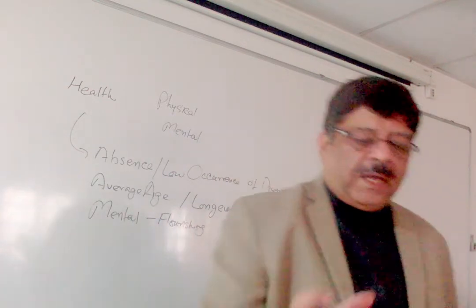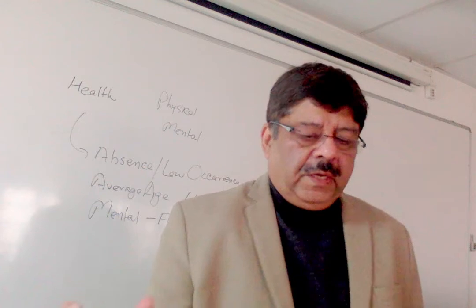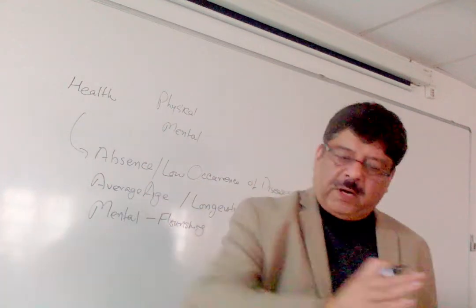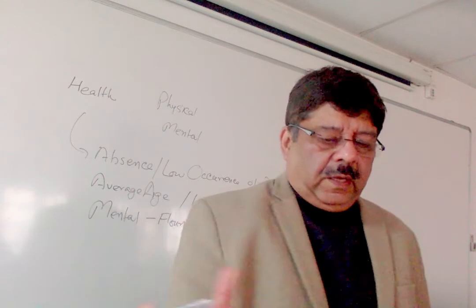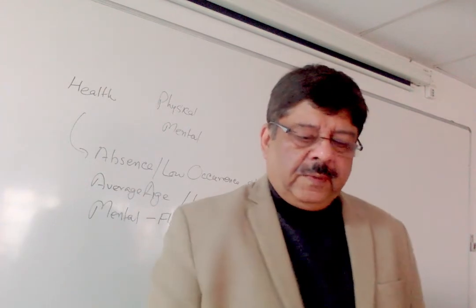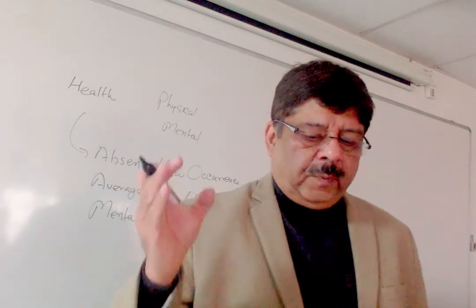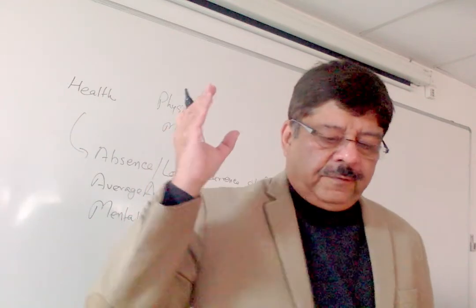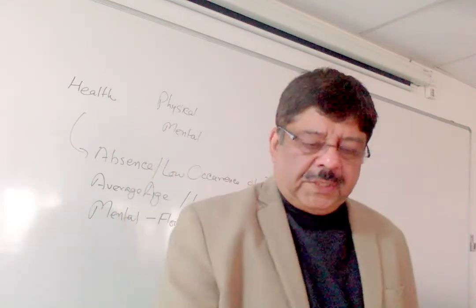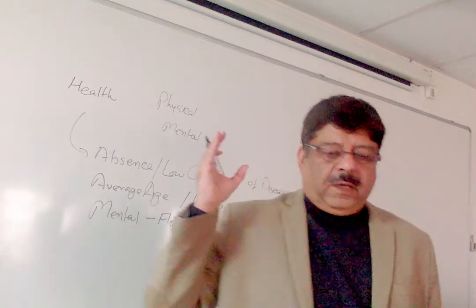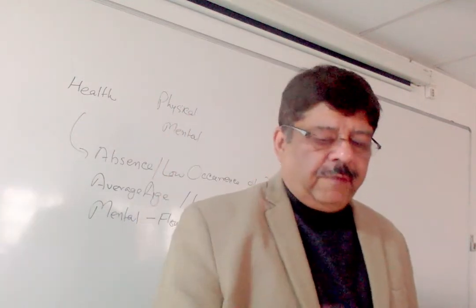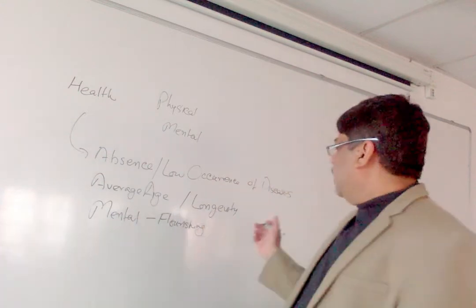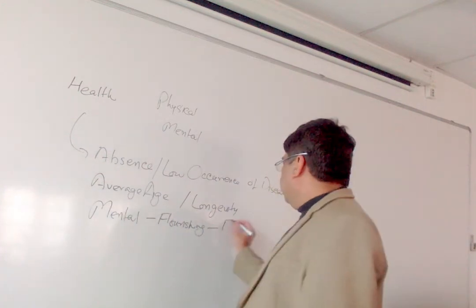Flourishing is, as we discussed yesterday, the PERMA model. You can apply the PERMA model here: if you have positive emotions, good relationships, a meaningful life, achievements, and flow. That is flourishing, the state of flow.